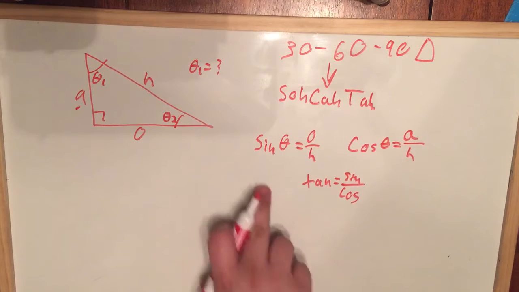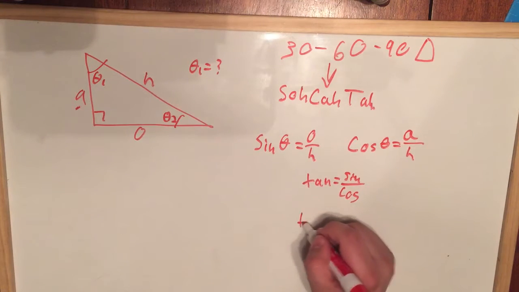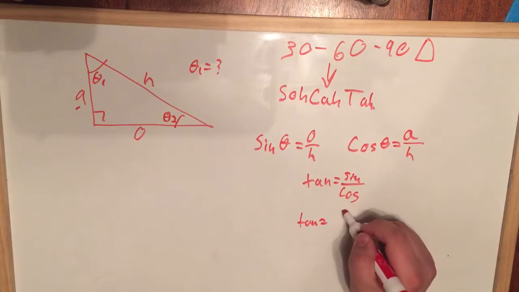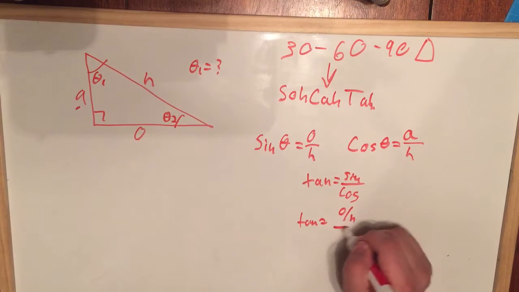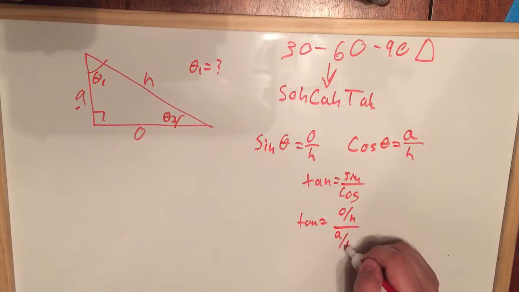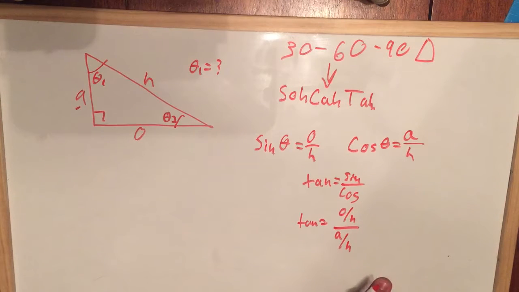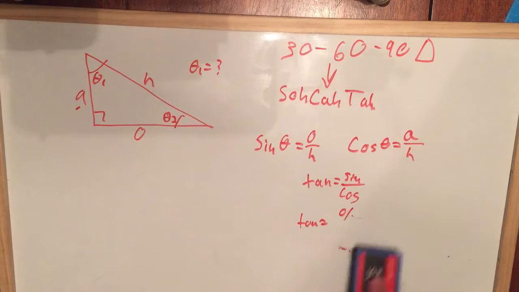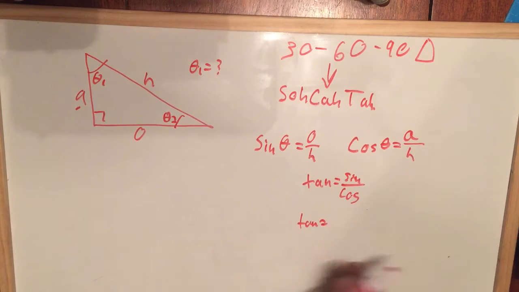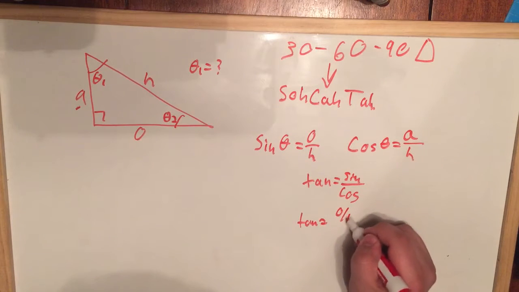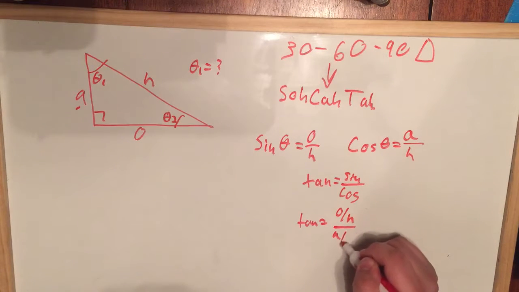Meaning that we have that, we can say that the tangent is equal to O over H, and then A over H. Now, many people don't know how to do this. What I like to do, honestly, is we can just cancel out the H's, but that's not how we're taught in math. We can just cancel the H's since we know that they're going to cancel out eventually, but we're going to do O over H and A over H.